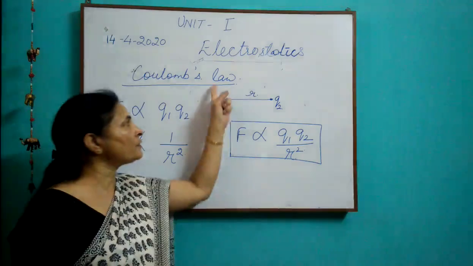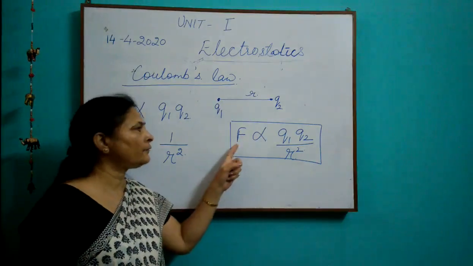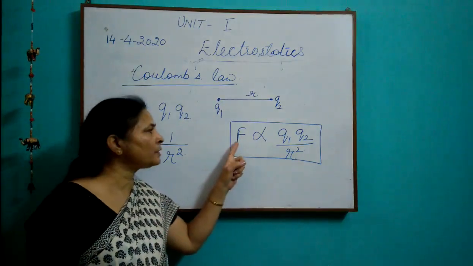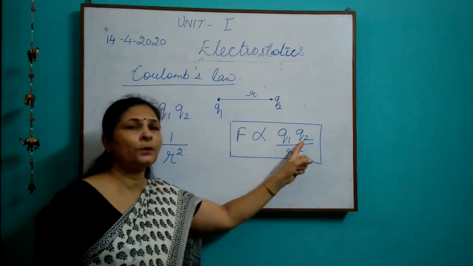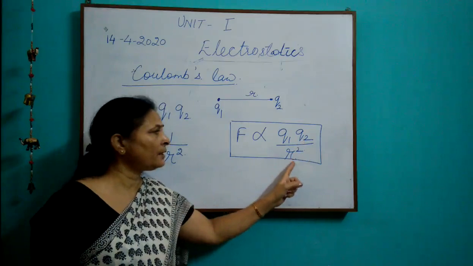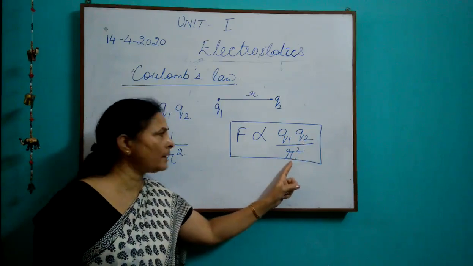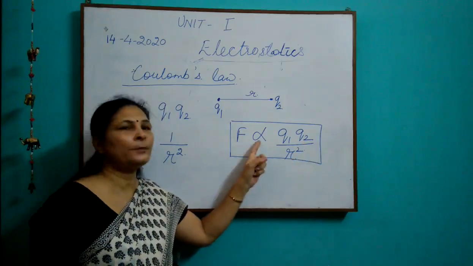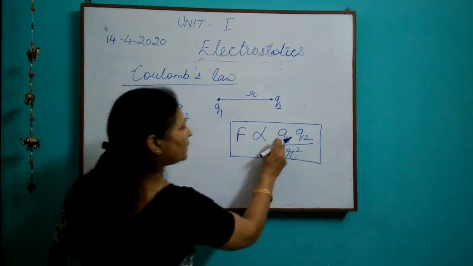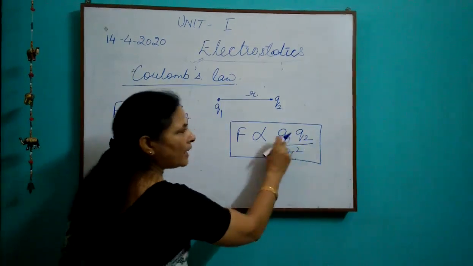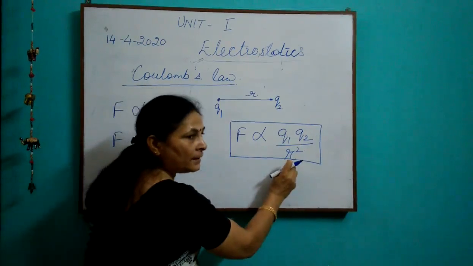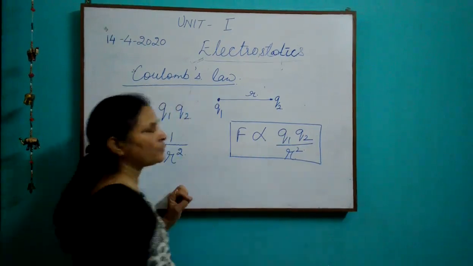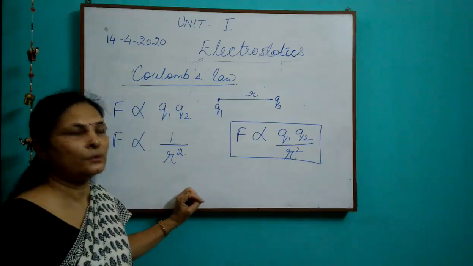And how can you now state Coulomb's law? It states that the force between two charges, say Q1 and Q2, separated by a distance r apart, is directly proportional to the product of the magnitudes of the two charges and inversely proportional to the square of the distance between the two.